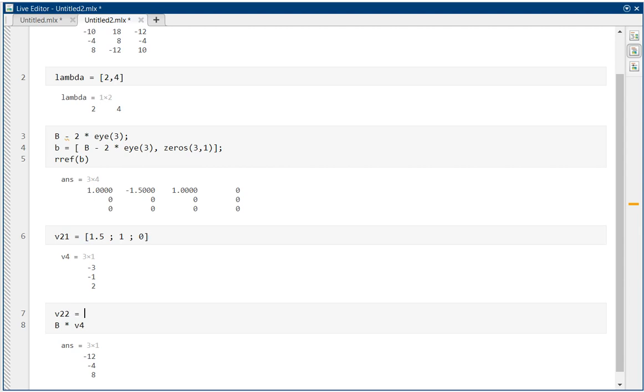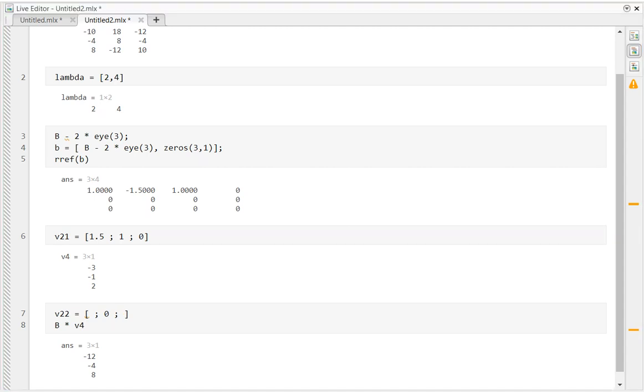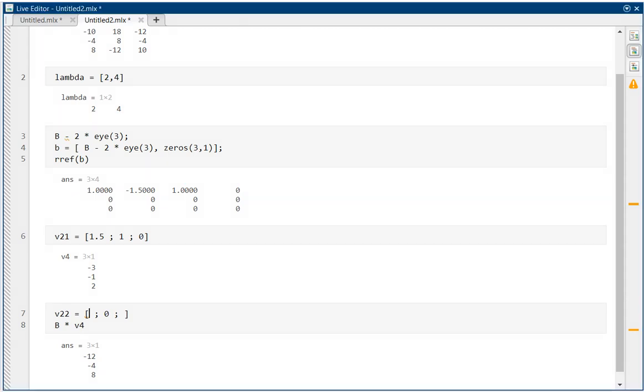Then for v sub 2,2, the middle value is going to be equal to 0, and I'm going to subtract this one over, so it'll be a -1. They're going to have the same values, so it's going to be -1, 0, 1.